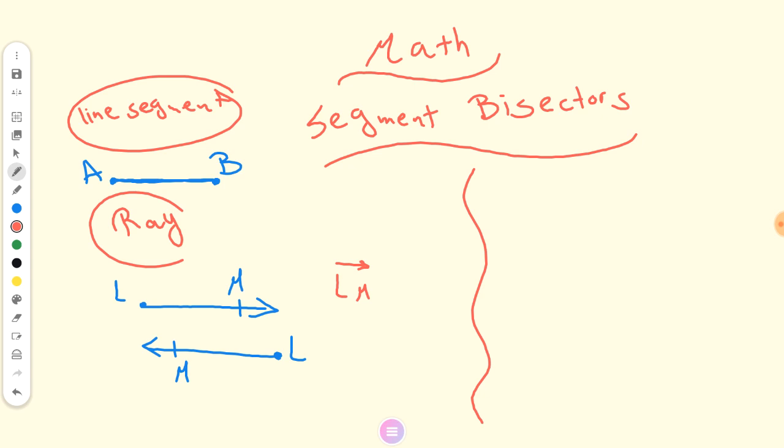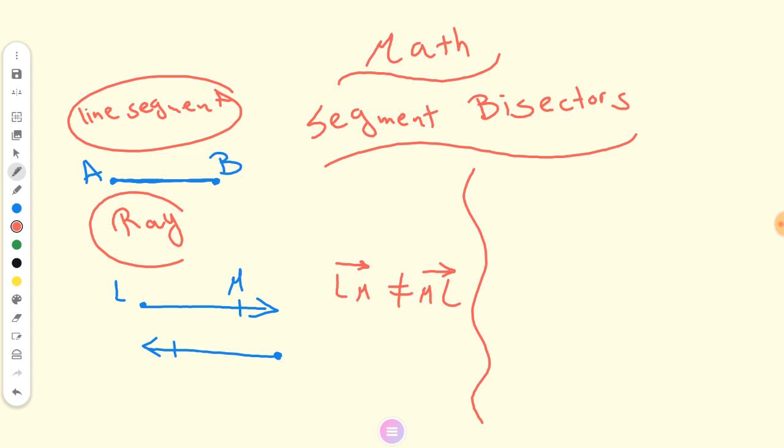It's just a letter, just a point to name the ray. Of course, ray LM is not equal to ray ML. Right, guys?